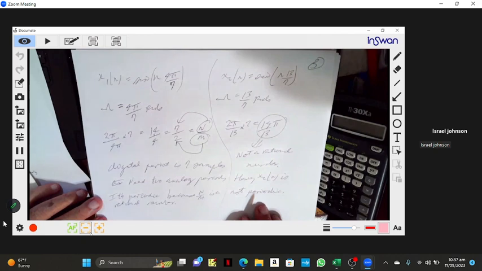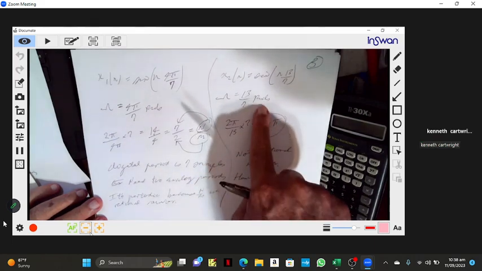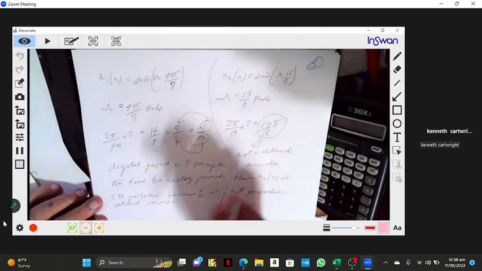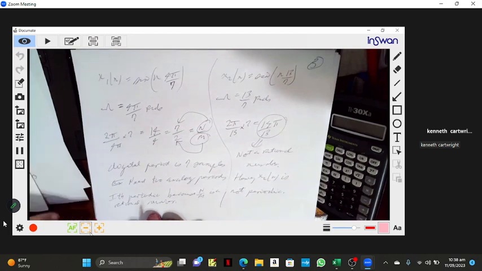I wanted to make sure. This is not saying rad per second. Yes sir, that's rads. No per second there. Okay.